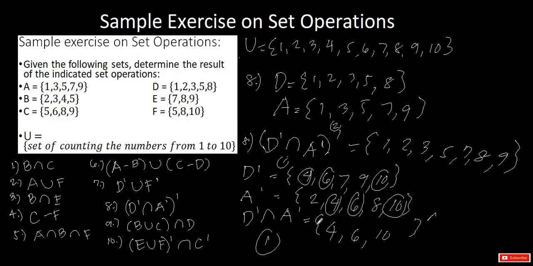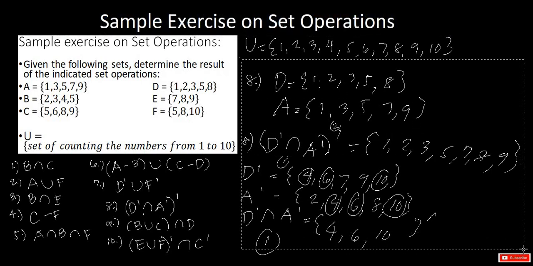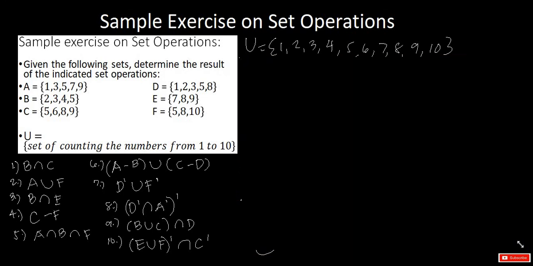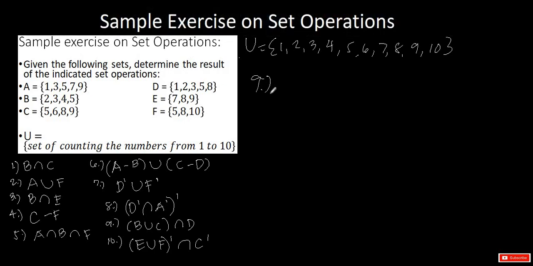Okay, so let's move to number 9. Number 9. What are the sets involved? We have B, C, and D. Set B containing the elements 2, 3, 4, 5.